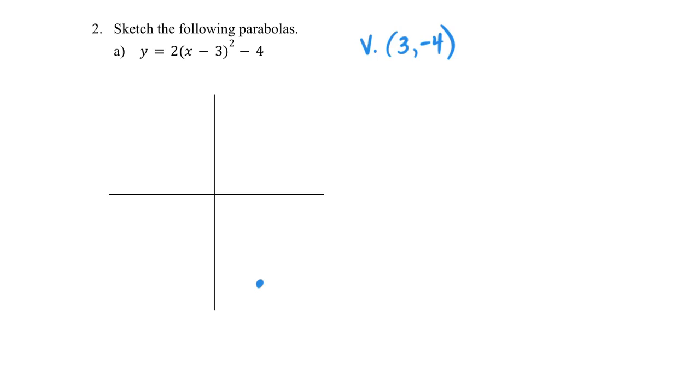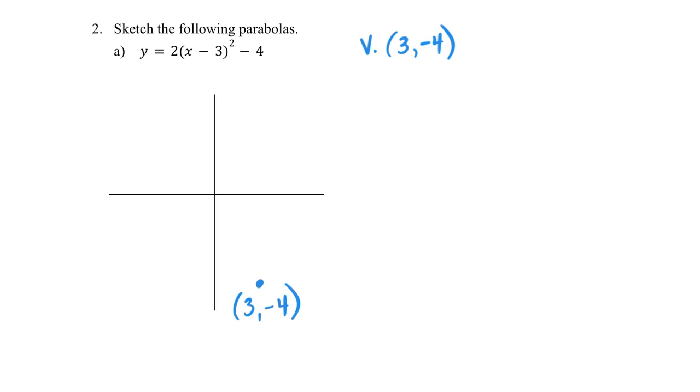Since I see that my parabola is opening up because of a positive a value, I now know I can label it below. The reason why I do that is so that I know when I sketch my parabola, it should never, ever, ever go through my label. Let me give you an example of some mistake that could happen.